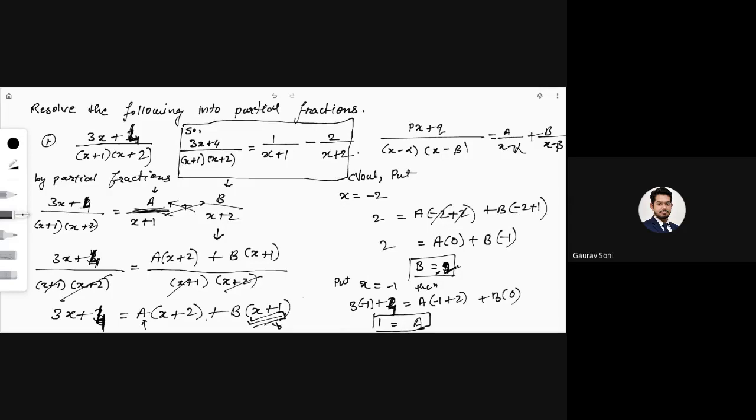So we have resolved the given function 3x plus 4 upon x plus 1 into x plus 2 as 1 upon x plus 1 minus 2 upon x plus 2. Take 2 minutes, try to read this and understand it, and if there is any difficulty, please ask me. Excuse me, sir. Yes.